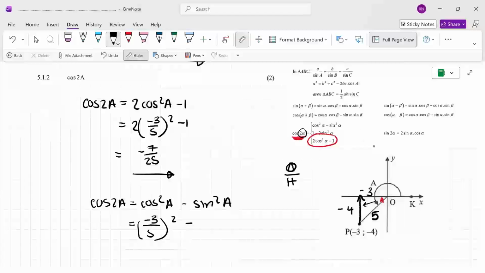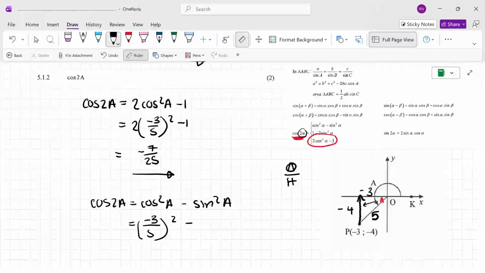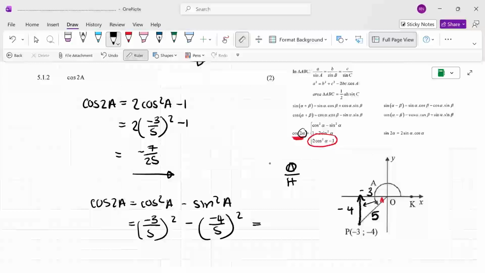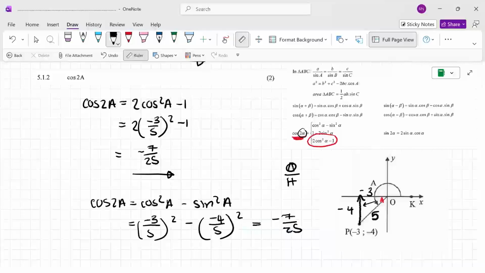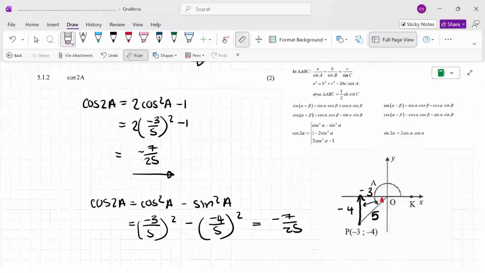My opposite is 4. My hypotenuse is 5, so it'll be -4/5 squared. And that should also give you -7/25. Okay, so it's the same thing. You're not really doing anything too different when you're using a different identity. So you should get the same answer.